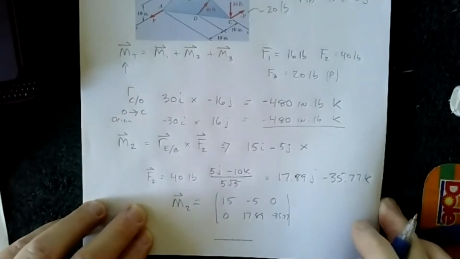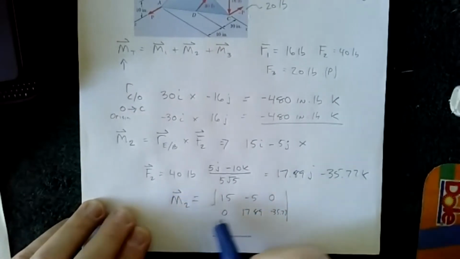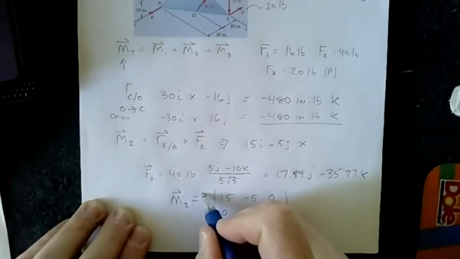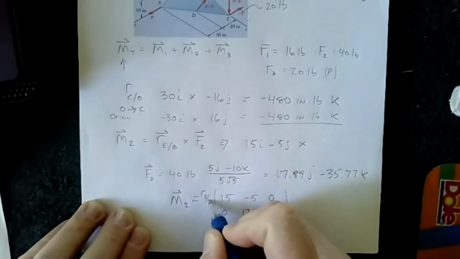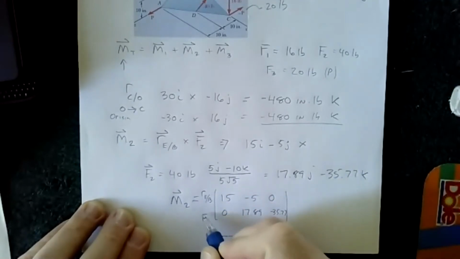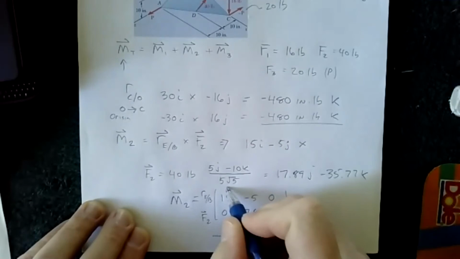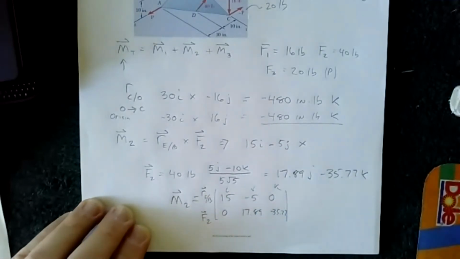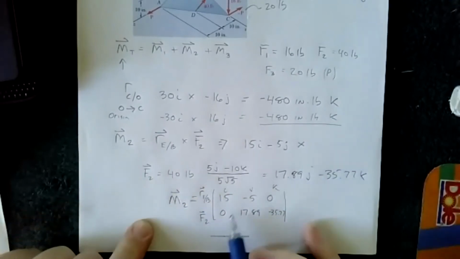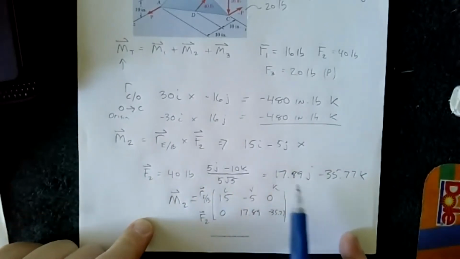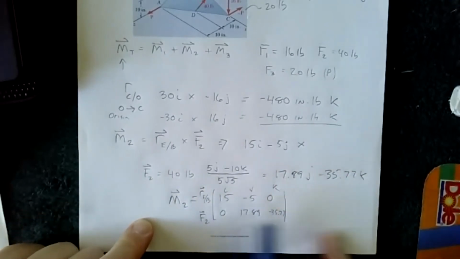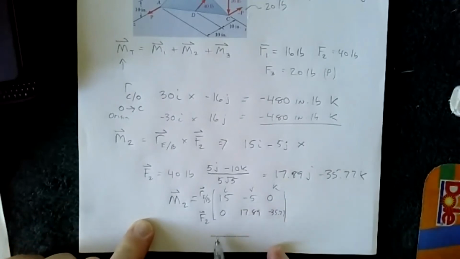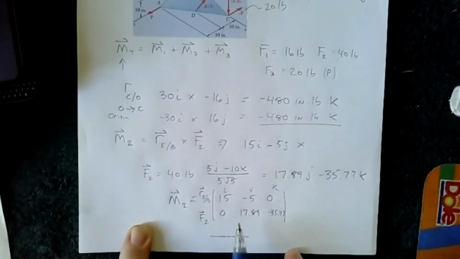All I did was take the R of E relative to B and my F2, and there's my I, J, K. Hopefully that's clear enough; if you have to rewind it, that's the process. I know you know how to do that.